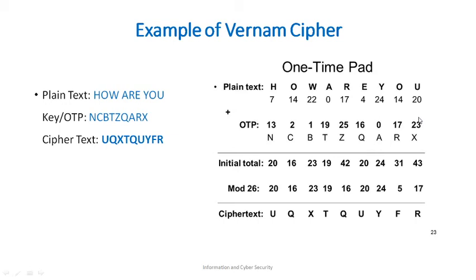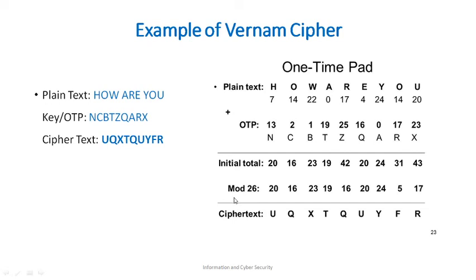After converting into numbers, you have to add both the numbers, plain text as well as one-time pad, so you get the initial total. After getting the total, you have to take it mod 26 if the number is greater than 25, because the alphabet has only 26 letters, 0 to 25.